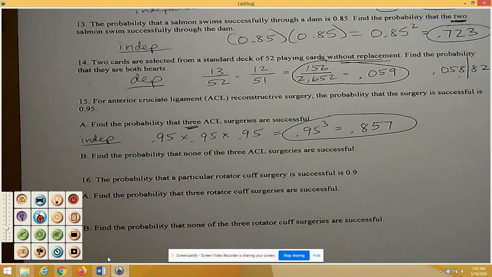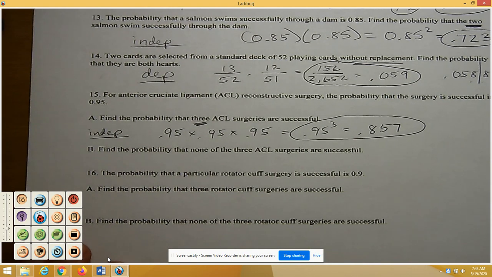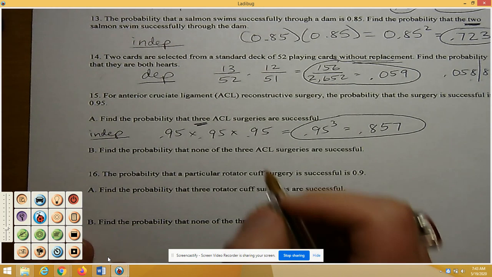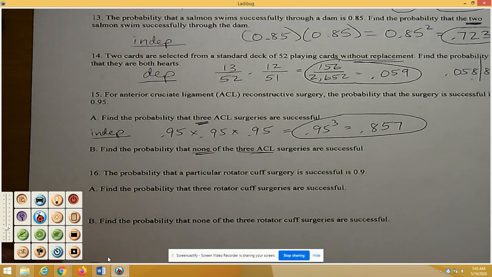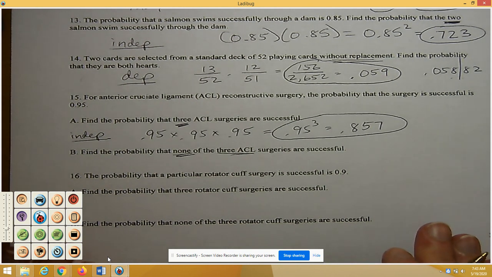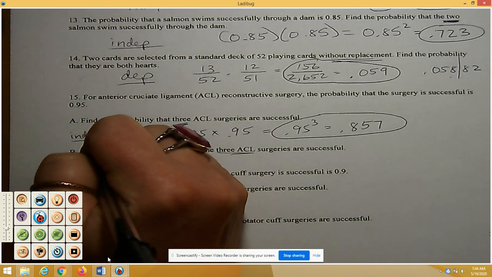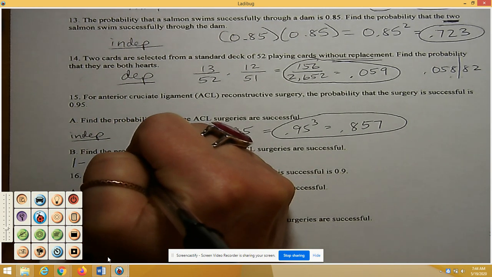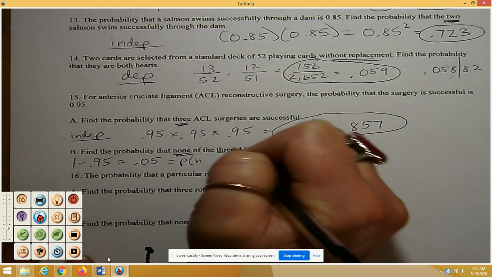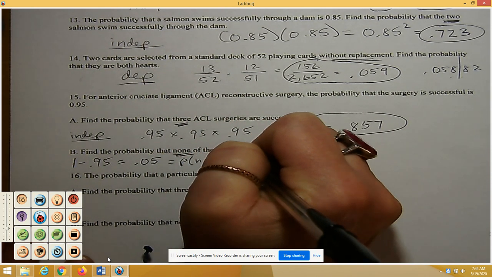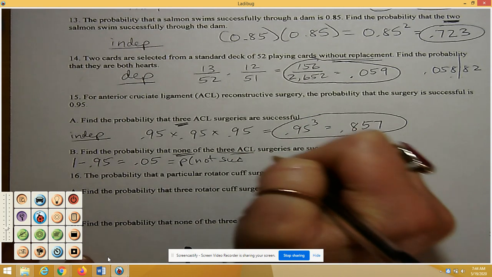We're also going to look at something called the complement. So find the probability that none of the 3 are successful. Well, if 95% of the time you have a successful ACL surgery, that means 5% of the time you don't. So you're going to do 1 minus 0.95, and that's going to be 0.05. So that's the probability of not successful.